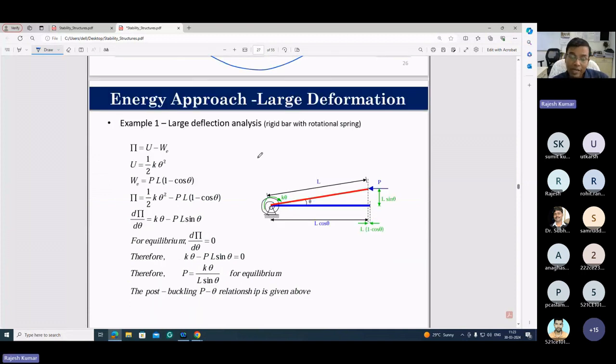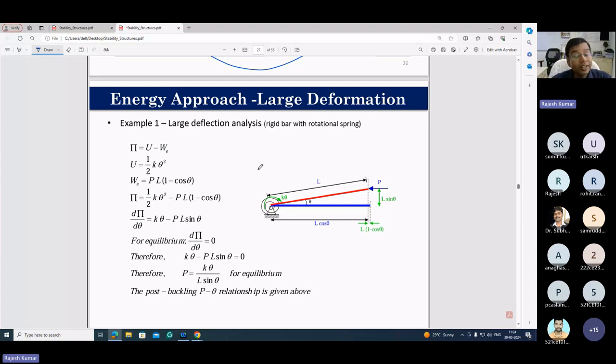The first example I solved by small deformation analysis; now I'm going to solve it by large deformation analysis. Large deformation means I cannot take sin theta equal to theta, tan theta equal to theta, or cos theta equal to 1. Is it clear? Large deformation is very important to plot the post-buckling path.